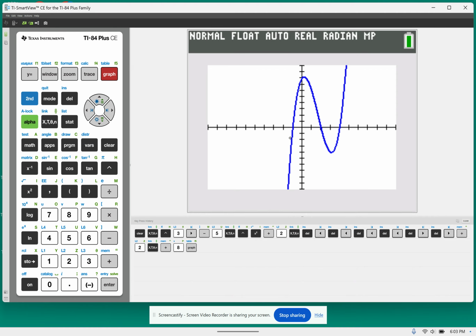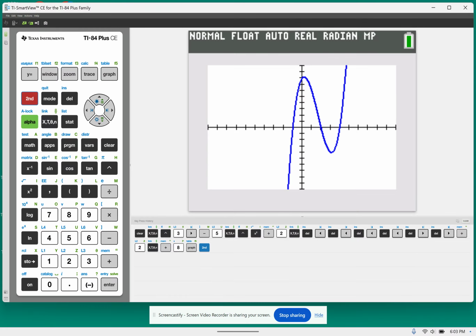Okay, and then I notice that I can see where it crosses the x-axis 3 times. So that means that I will have 3 real zeros and there are no imaginary ones.